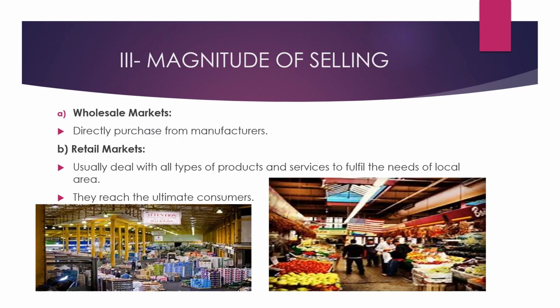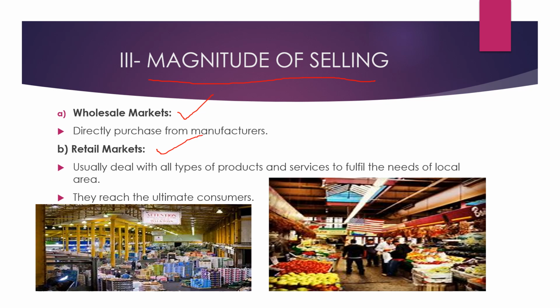And then the third one is magnitude of selling. Here in magnitude of selling we'll be having two classifications. First one is wholesale markets, and second one is retail markets.